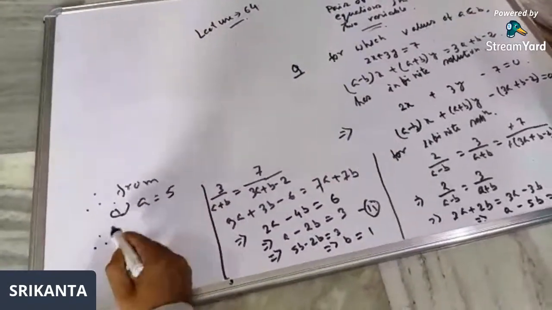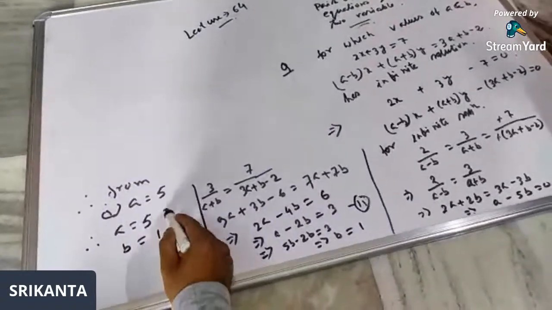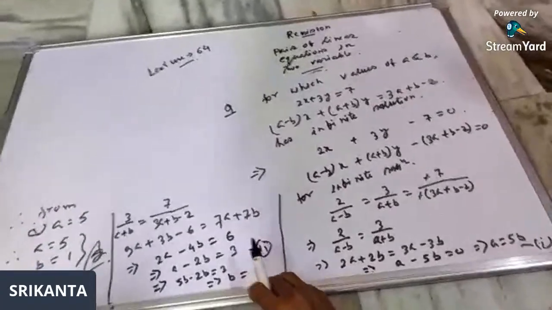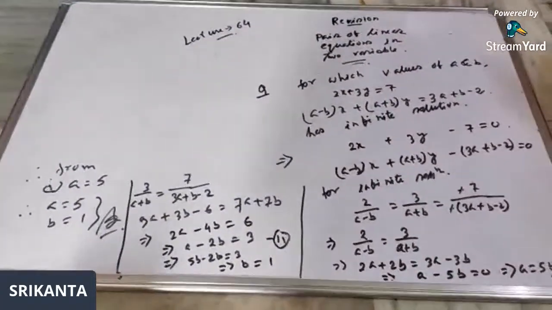Therefore a is equal to 5 and b is equal to 1. This is the complete solution.